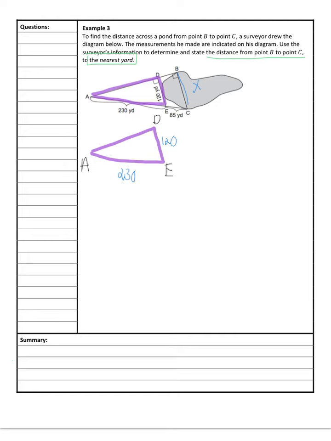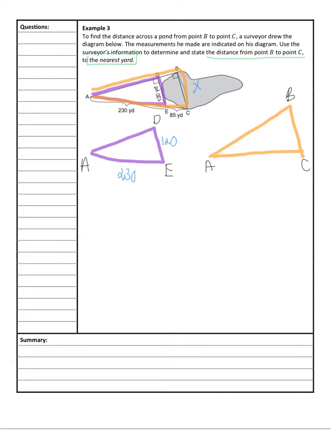All right, now if I look at my big triangle, that's going to be from A to B to C. And again, I'm going to redraw that. A to B to C. Labeling my letters, A, B, and C. Well, I know that from B to C is what I'm looking for.